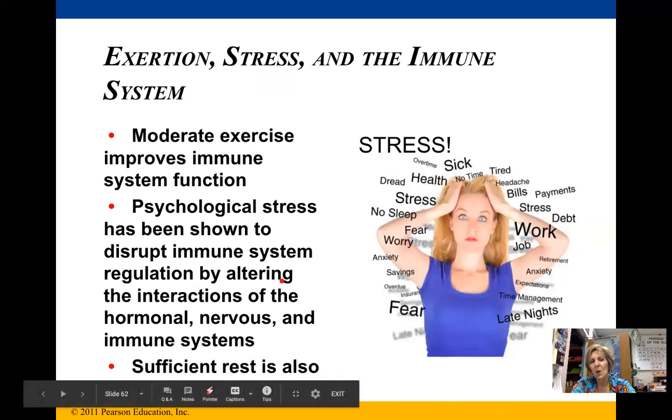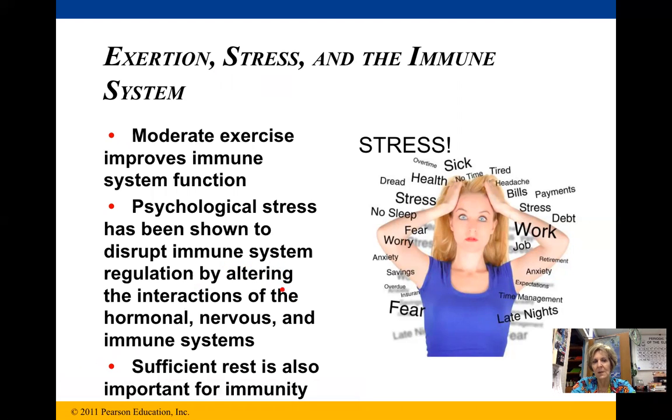Psychological stress has also been known to disrupt the immune system because it alters your hormones, it alters your nervous system. And we know this, right? When do you get sick? You get sick when you're stressed, right? We all do. And so there is a real physiological reason why that happens.